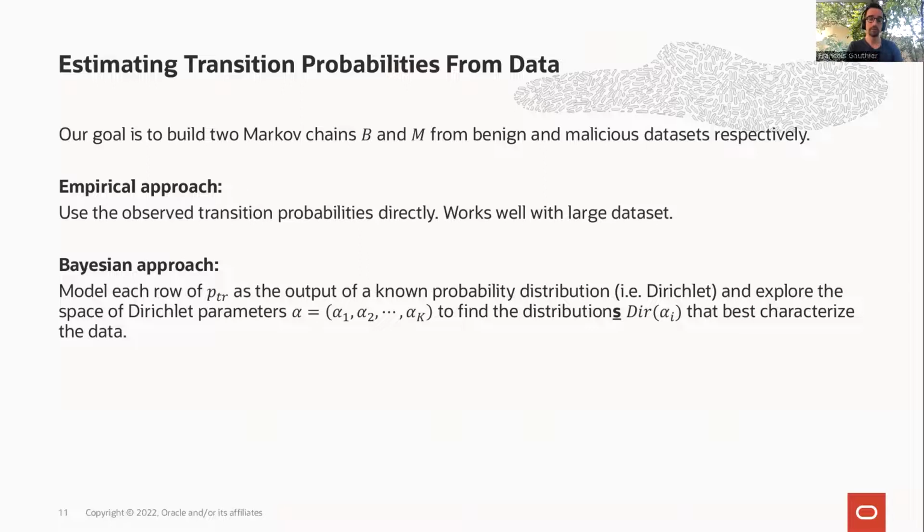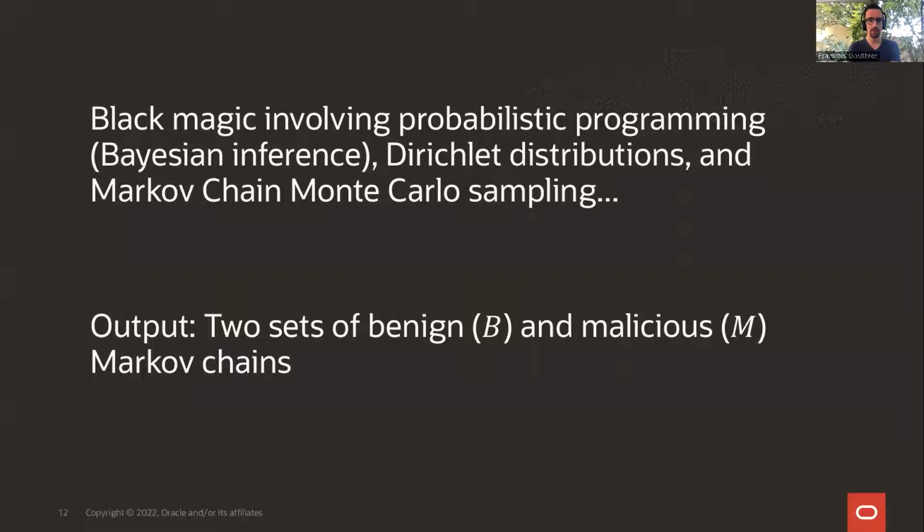And that will allow us actually to also measure the confidence in our predictions. Good. I won't go into more details about how we actually do the Bayesian inference. This is quite technical. You can find more details in the paper. But the output of this whole simulation and sampling process is two different sets of Markov chains, one for the benign training data set and one for the malicious training data set.